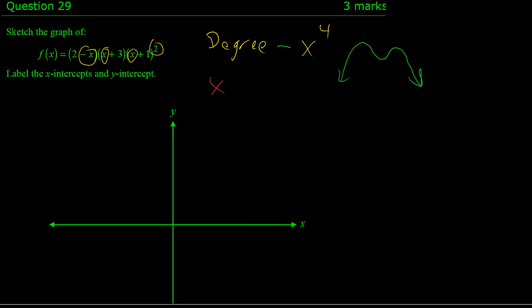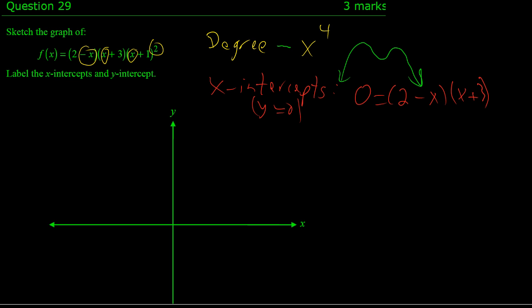In order to find the x-intercepts, this is a nice, easy thing to do because everything's already in factored form, so we need to solve for each of our factors. I'll just write out this equation. And of course, we know when we're finding x-intercepts, y equals 0, so that's what I substituted in for f of x.